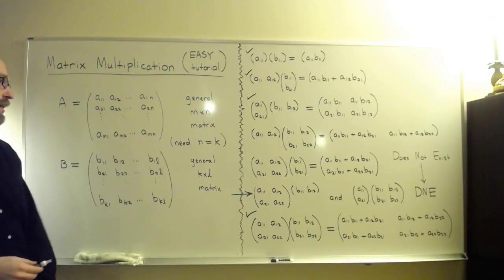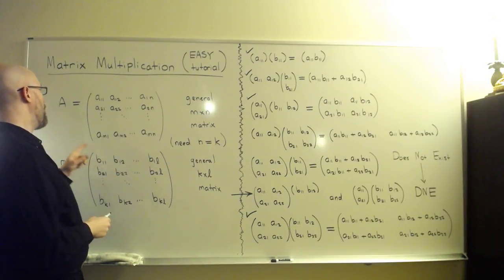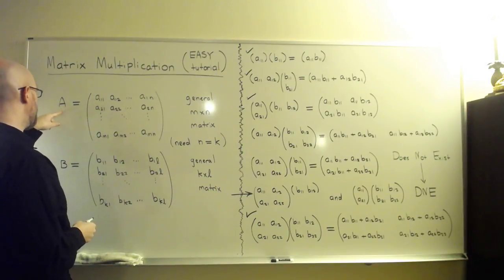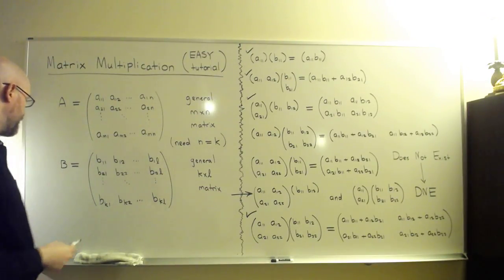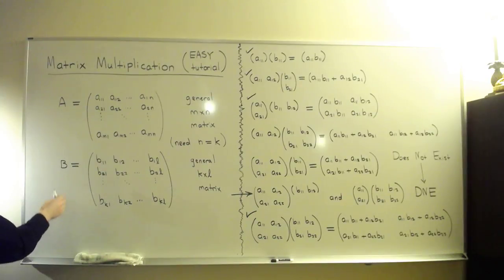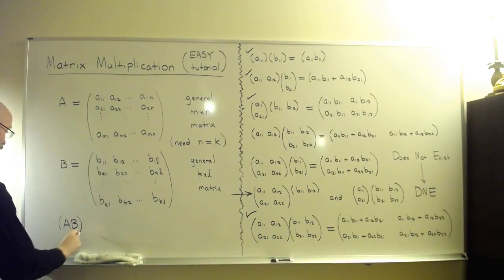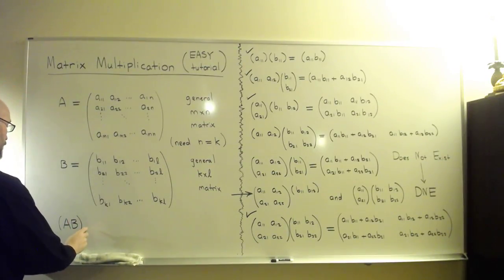If they do match up, then we can tell what any given entry of the matrix given by multiplying these together is. So here's what the formula is going to be. I'm going to write AB, so this is the product matrix, and then I'm going to put an IJ here.